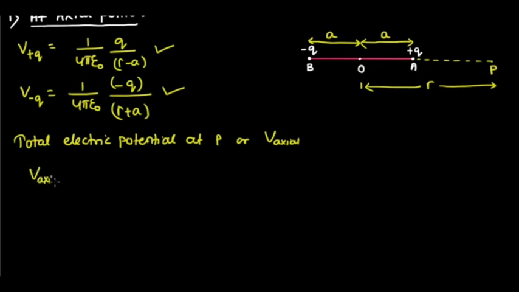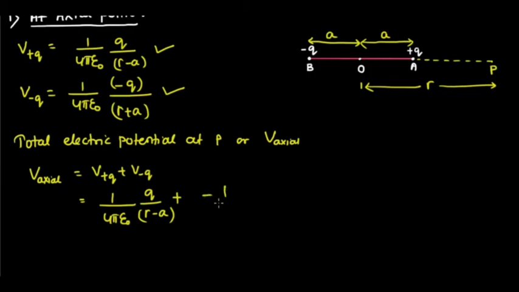V axial is equal to, simply add the two potentials, we'll add them like normal numbers because potential is just a scalar quantity. So in place of V plus Q, you can write 1 by 4 pi epsilon naught Q by R minus A, plus in place of V minus Q, you can write minus 1 by 4 pi epsilon naught Q by R plus A. Is that clear?